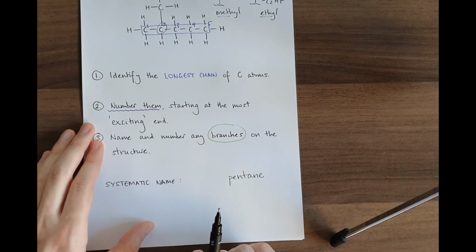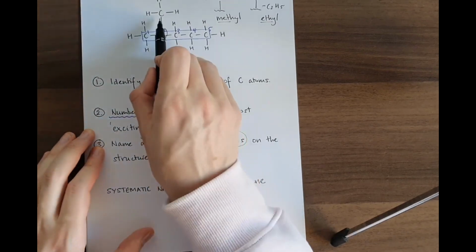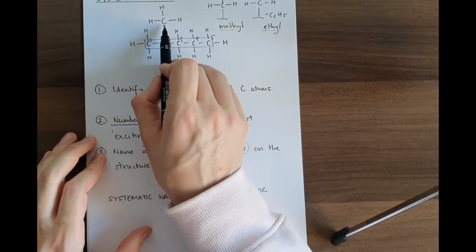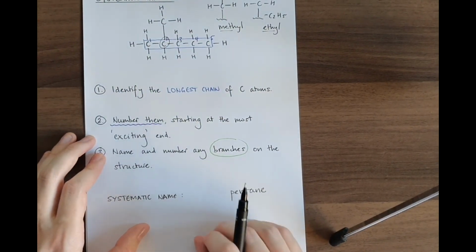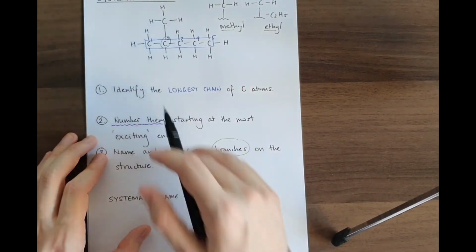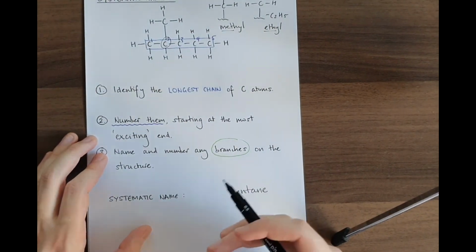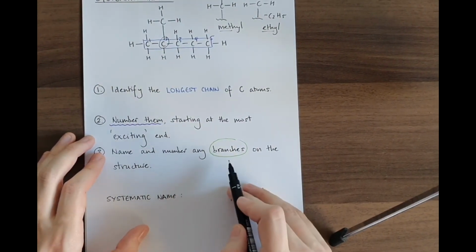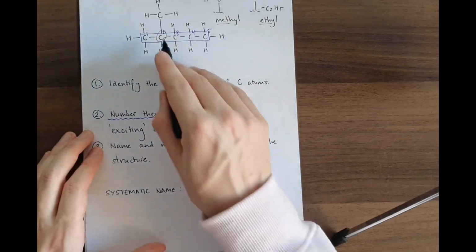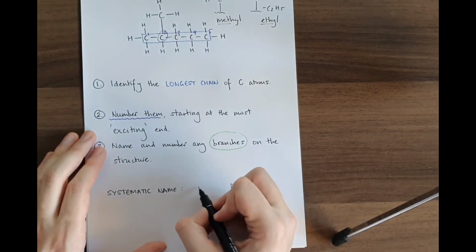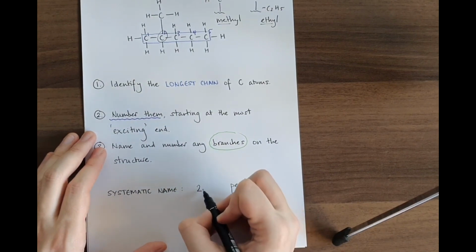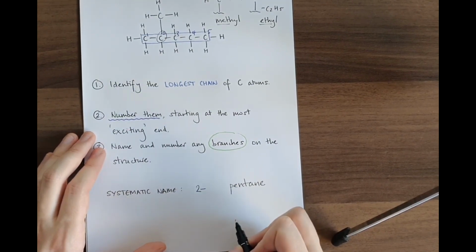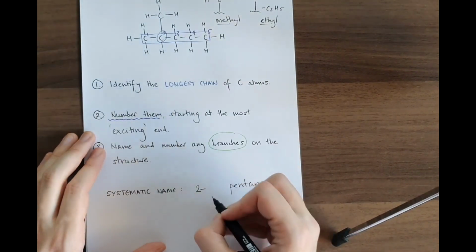Now I know what some of you are thinking, well, how can it be pentane? We've got an extra carbon here. Does that not make it hexane because there's 6 carbons altogether? Well, yes and no, because that extra carbon acts as a branch. So we name it and number it like a branch. It's on carbon 2, so we're going to call this 2 something, and then we're going to use a dash, and we're going to name what type of branch it is.